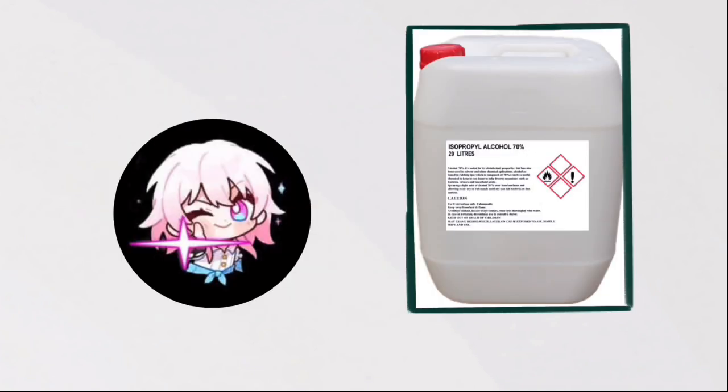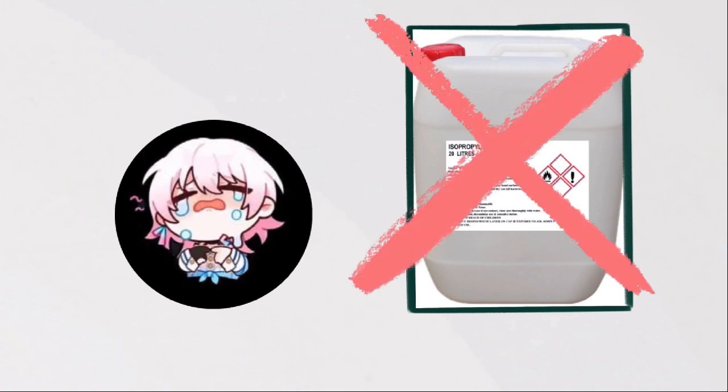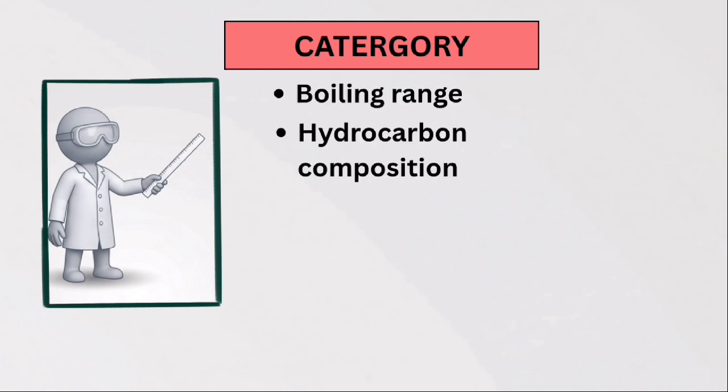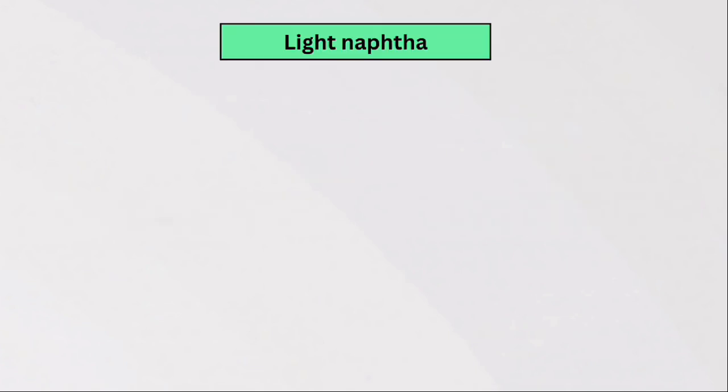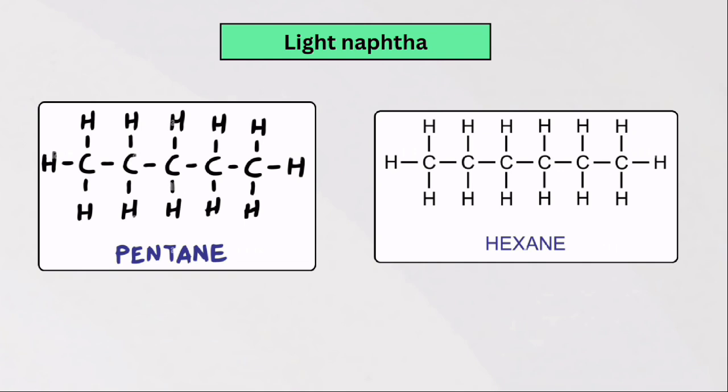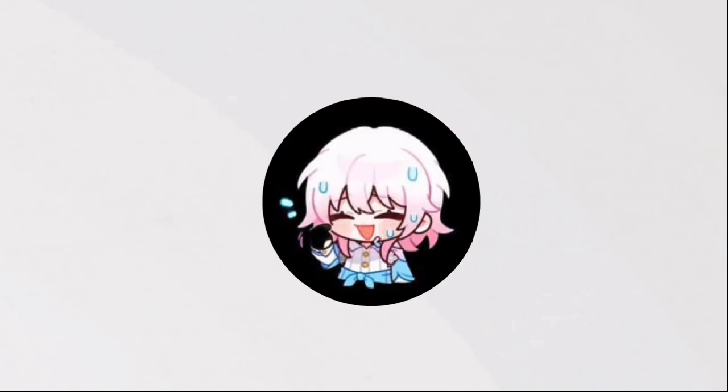Wow! Then, the naphtha fraction can already be used for generating IPA? Not yet. It must be categorized based on the boiling range and hydrocarbon composition, such as light naphtha and heavy naphtha. Light naphtha contains lighter paraffins like pentane and hexane. I don't understand. Why is that important?